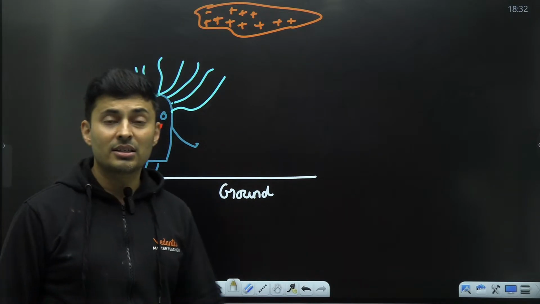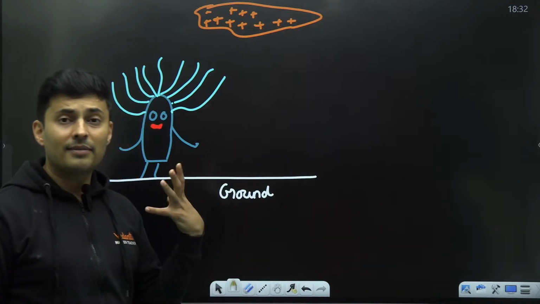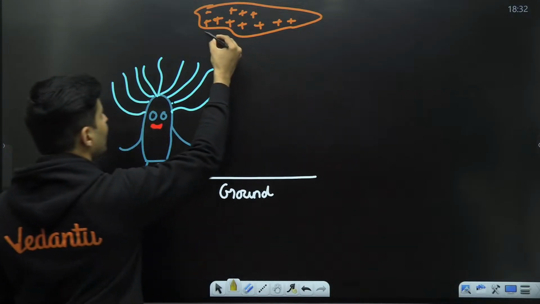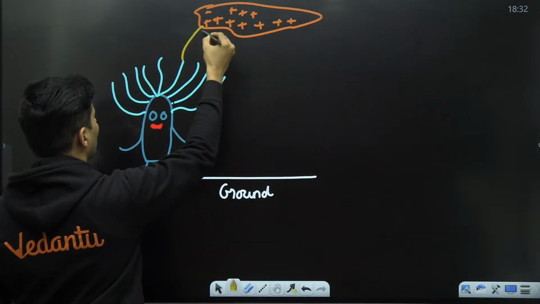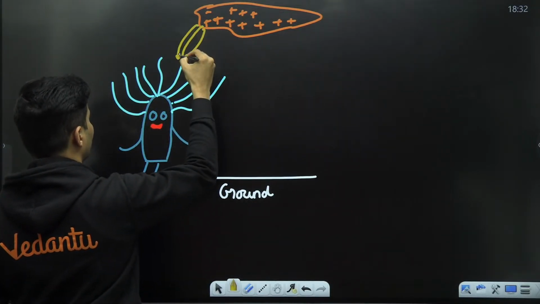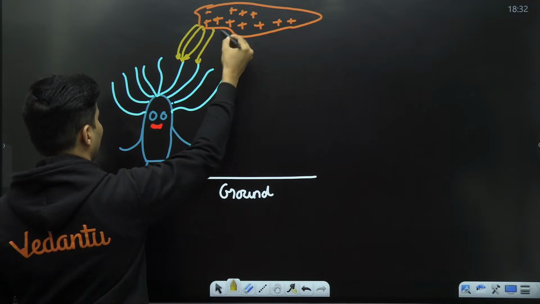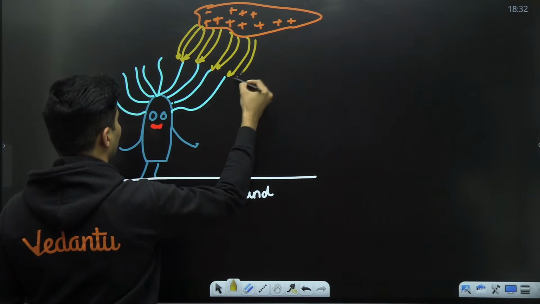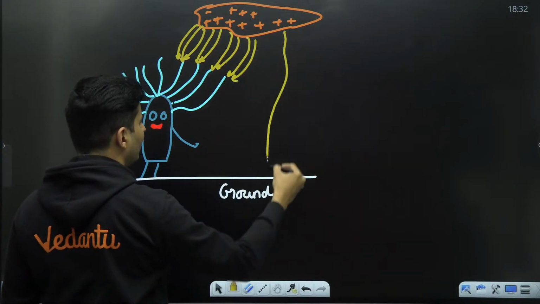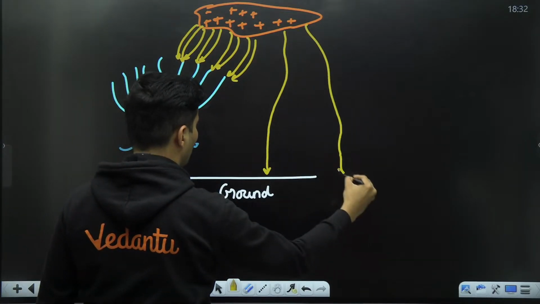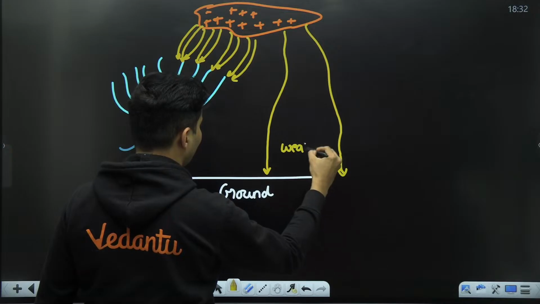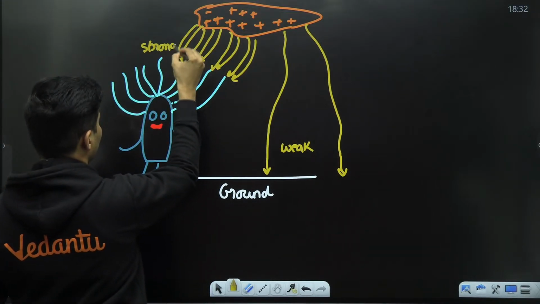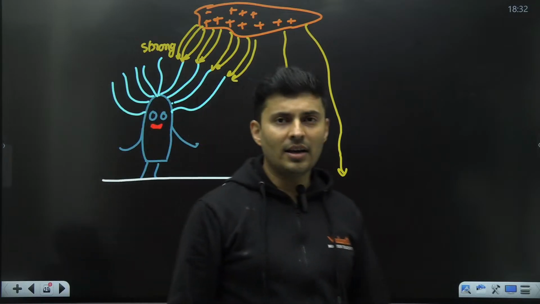That's why tall buildings, towers, sharp objects are favorable for them, because at those sharp edges the fields can become very, very strong. But the moment the edges are blunt, like the earth, here the field will not be so strong. Here it will be very, very weak. Versus here, it will be very, very strong because it is a sharp edge, and here is a conductor.